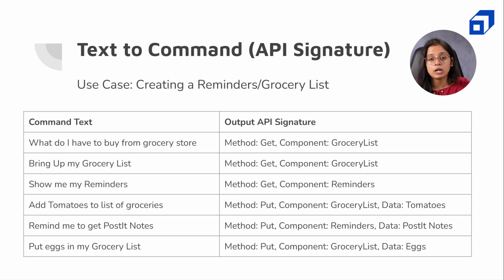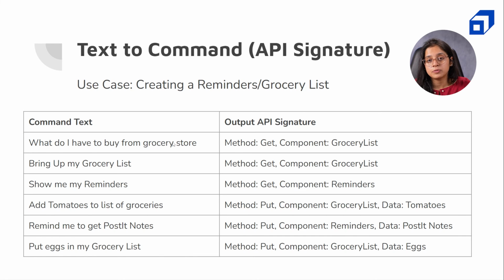Let's say you have an API that adds things to the grocery list, deletes things from there, fetches the grocery list, and sets reminders for you. There is a set of APIs that would already exist, the set of get and post APIs. So now here I'm using natural language to convert the textual commands that the user might say to specific API calls.